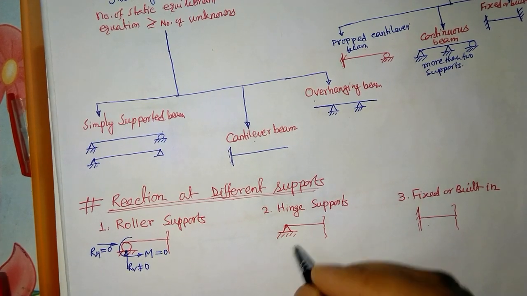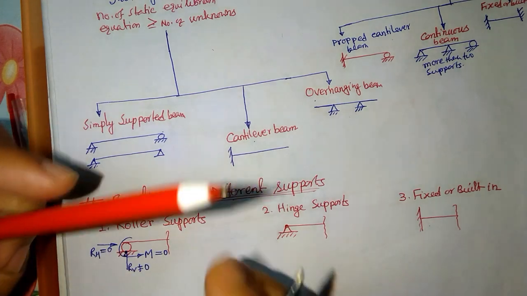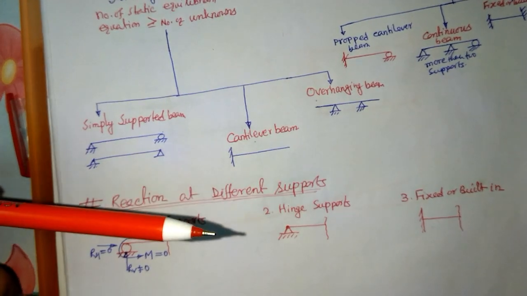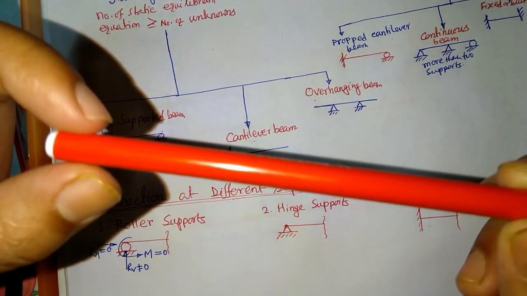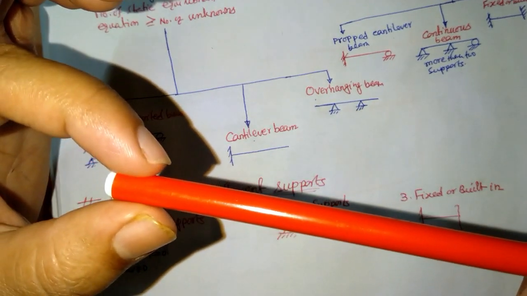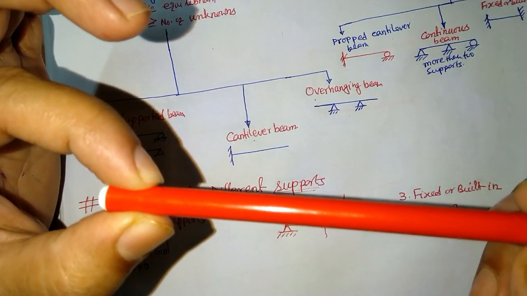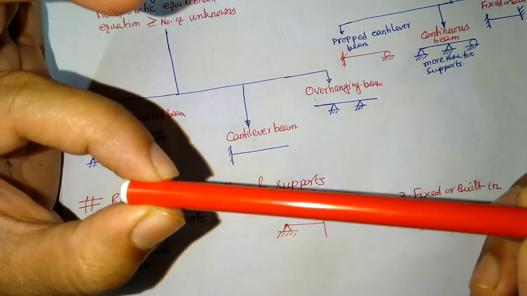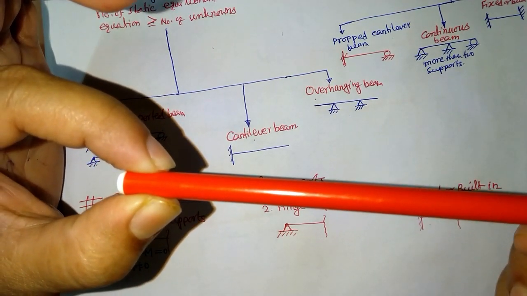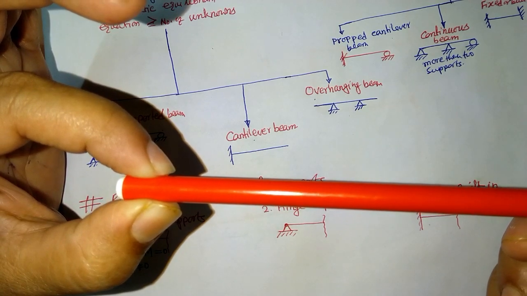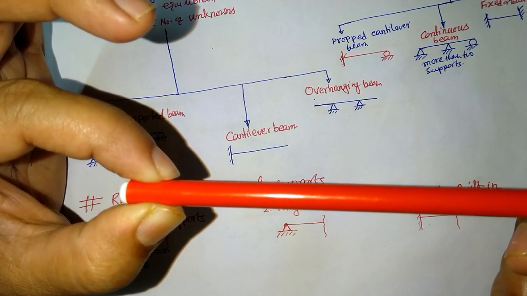Next we have hinge support. In hinge support, this is also a simple support, and there will be a hinge. Hinge means pin joint. Like I hold this pen, assume this as a beam, and I pin it, so this is known as a hinge. Now if I apply a horizontal force, it will resist, the beam can't move horizontally.